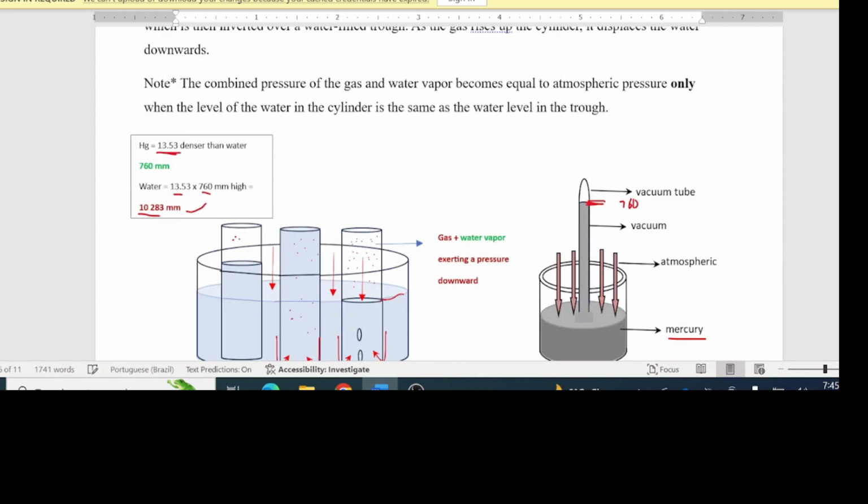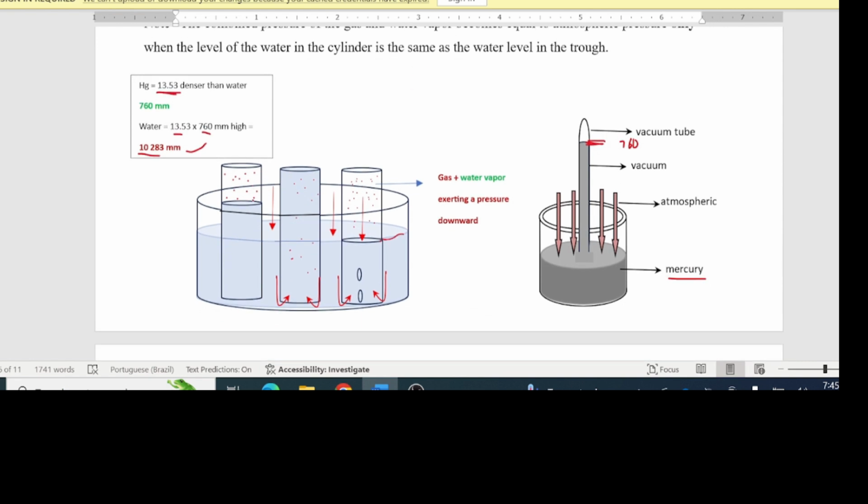Now, next point. Let us suppose that this cylinder here was used to collect a gas. As the gas was collected here, it was creating a pressure that was acting against atmospheric pressure. The atmosphere is pressing on this liquid in this pneumatic trough, and it is pushing the water here, and it was capable of pushing that water all that height. So when the gas is being collected, it is pushing down against atmospheric pressure. The point to be made is this.